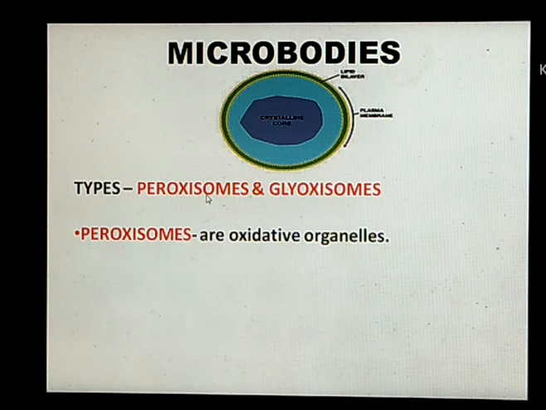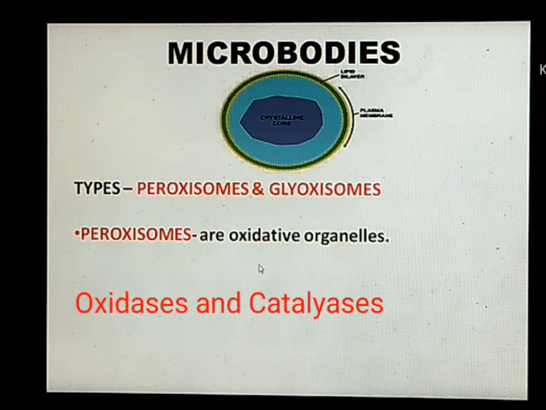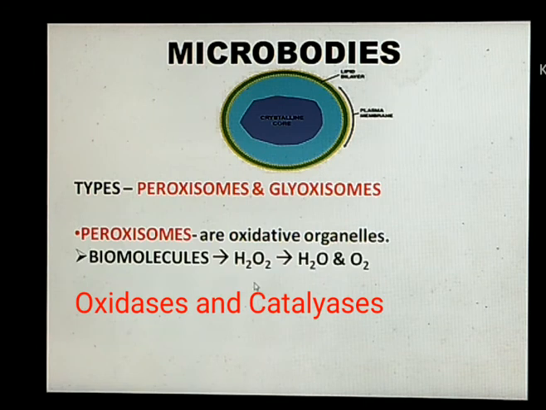Peroxisomes contain peroxide producing enzymes, that is oxidases, and also peroxide destroying enzymes, catalases. Oxidase enzymes catalyze the oxidation of biomolecules such as amino acids and uric acid, producing hydrogen peroxide, and hydrogen peroxide is broken down into water and oxygen by the catalase enzyme.